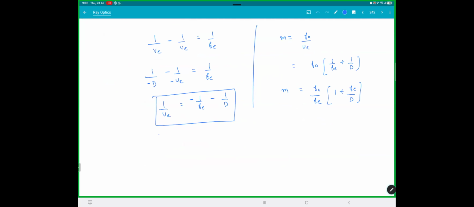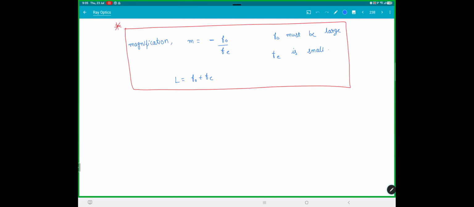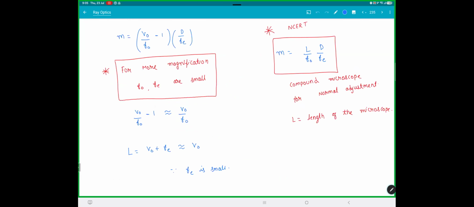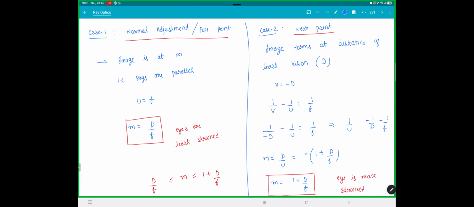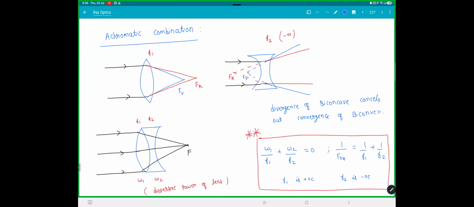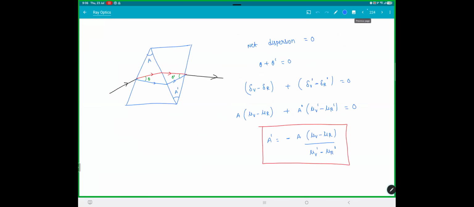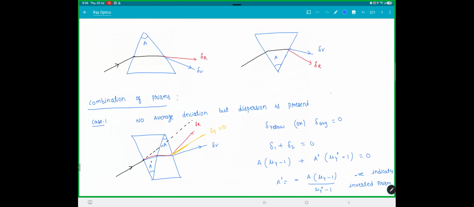Clear? So if you see how many formulas we had, here we have two formulas for telescope, compound microscope another two formulas, length and magnification, simple microscope another two formulas, D by F and 1 plus D by F, that is 6. Chromatic combination, this is two formulas, 8. This thing you can derive, but 9, 10.